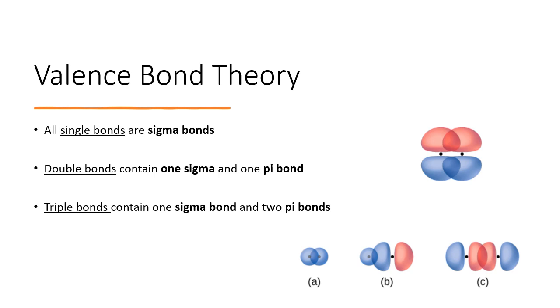You can make a pi bond along two Cartesian planes you haven't already used. So if the bond axis is aligned along the x, you can overlap the p orbitals along the y and z axes, thus a triple bond, right? Because we have one along the x, one along the y, which is a pi bond, one along the z, which is a pi bond. It all makes sense.